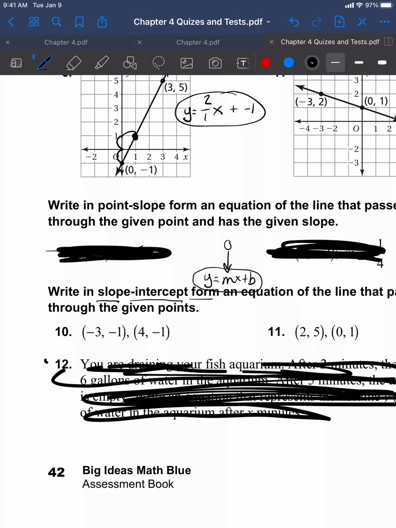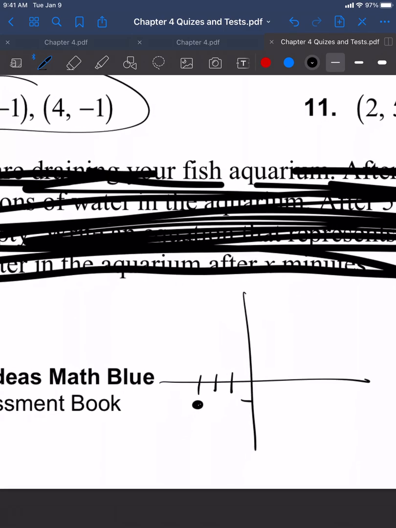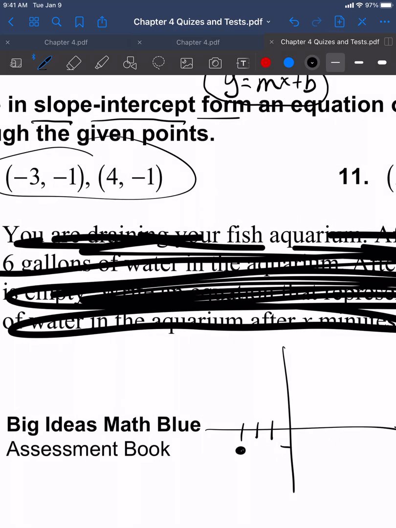But what I would like you guys to do is to just go ahead and graph these 2 points. I'll do it for you right here. -3, -1. So I go back 3, down 1. Can you guys see this okay? Should I zoom in? 4, -1, over 4, up 1.